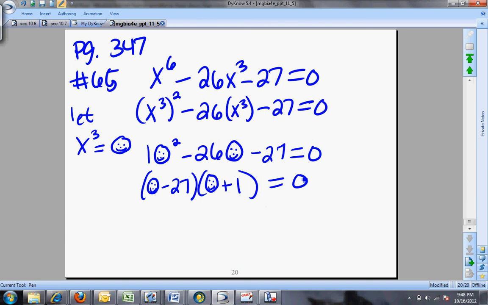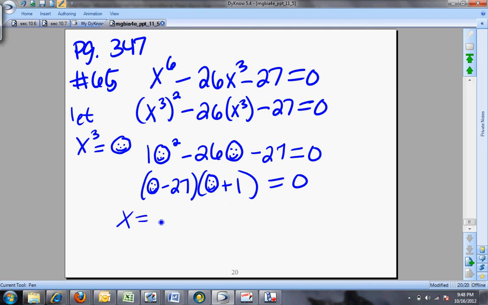So if we do that, we've factored it, and we know what happy face is. That's just a placeholder right now. Remember, either one of these would be the solution. If this parenthesis is 0, then happy face has to take a value of 27. Or if this one is 0, happy face would have to take a value of negative 1.